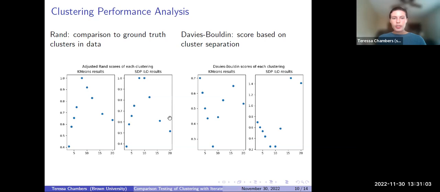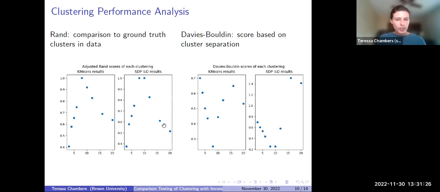The other really important factor of this is that for very high and very low numbers of clusters, what we have is a much sharper drop off than for K-means. So for K equals 12, they got about equivalent results.